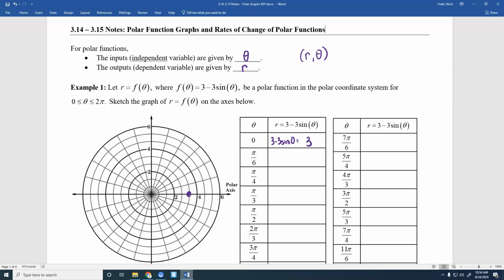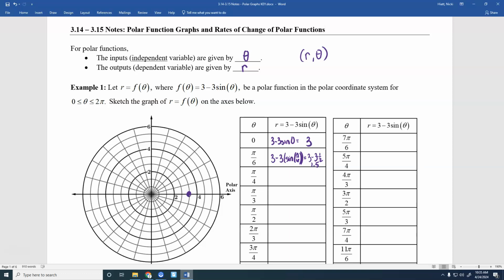Then we got pi over 6. So this would be 3 minus 3 times sine of pi over 6. And sine of pi over 6 is going to be 1/2. So we got 3 minus 3 times 1/2, and we're going to get 1.5 for that.